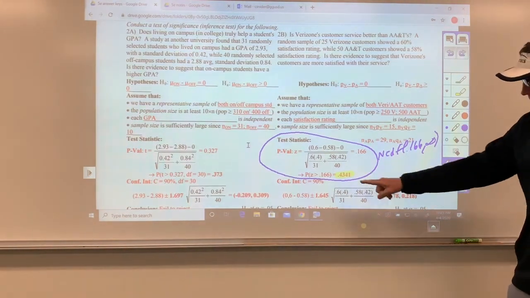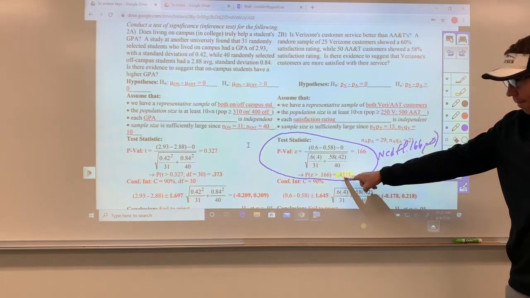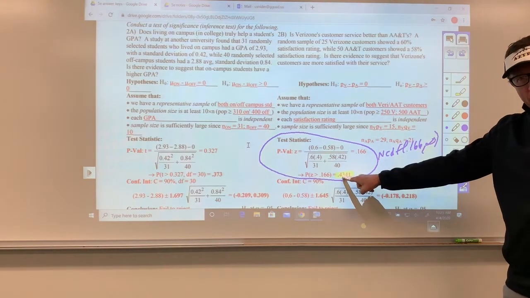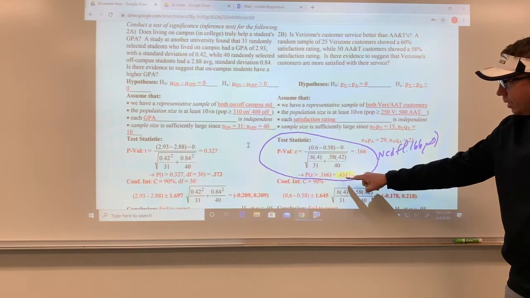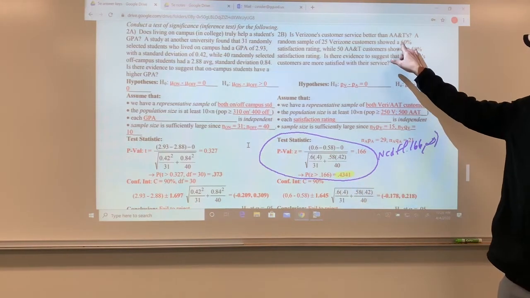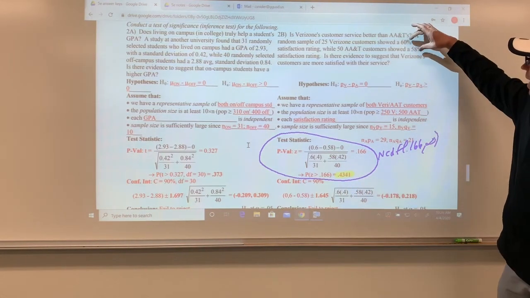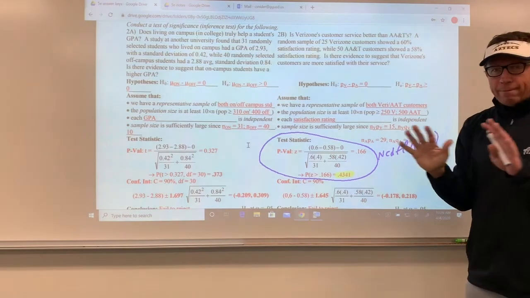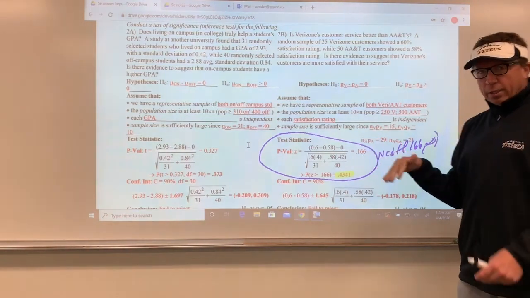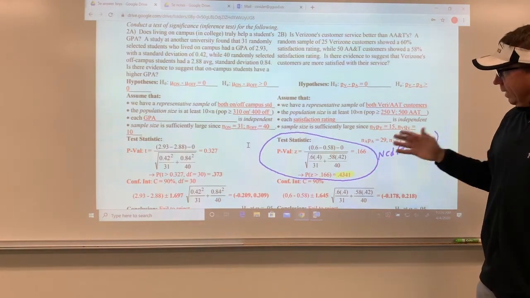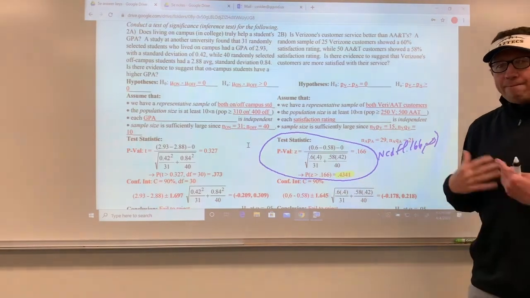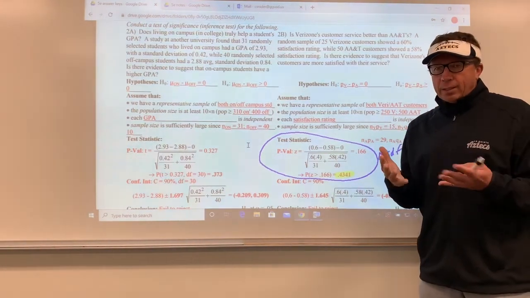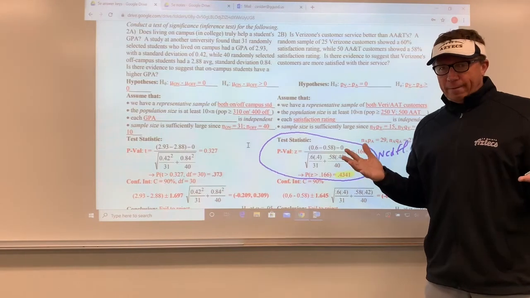So let's go over the meaning of that p-value. I'm going to round this to 43%. There is a 43% chance that we would get data this extreme even if there is no difference in satisfaction rating. So in other words, this difference of 0.02 could very well have happened by chance. There probably isn't a difference, okay?